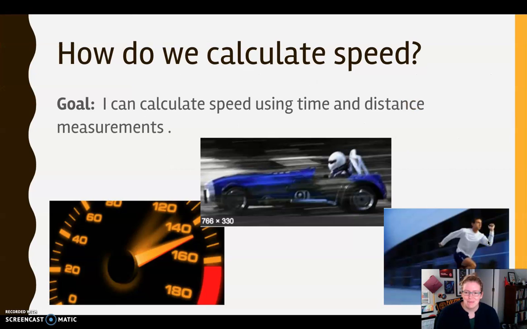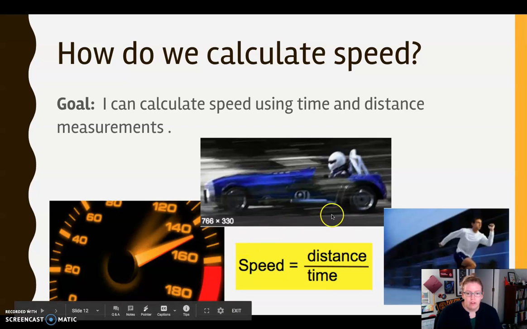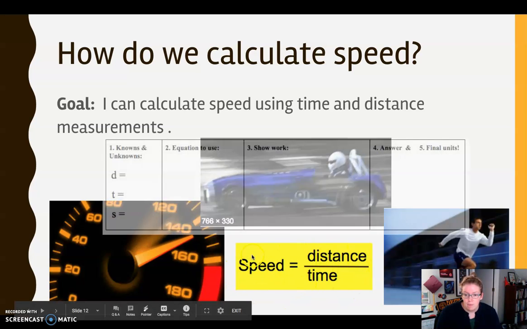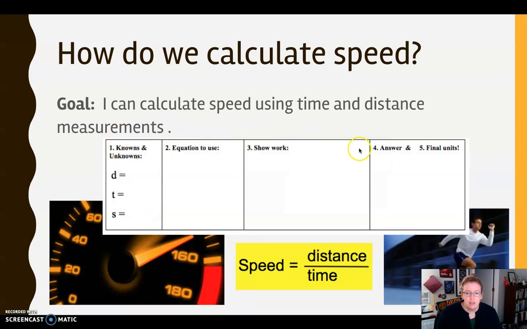Good work, guys. So we have learned that you can calculate speed using time and distance measurements. We've learned our equation, that speed is equal to distance divided by time. And we've learned how to use the problem-solving template and these problem-solving steps, where first we consider what we know in a problem, write down everything we know, and what we don't know are unknowns.